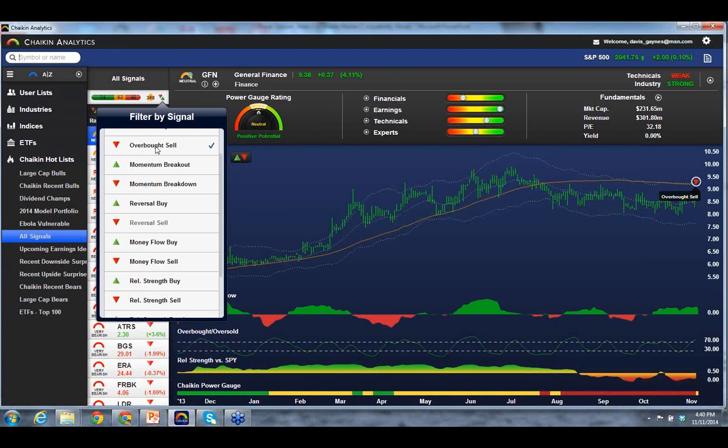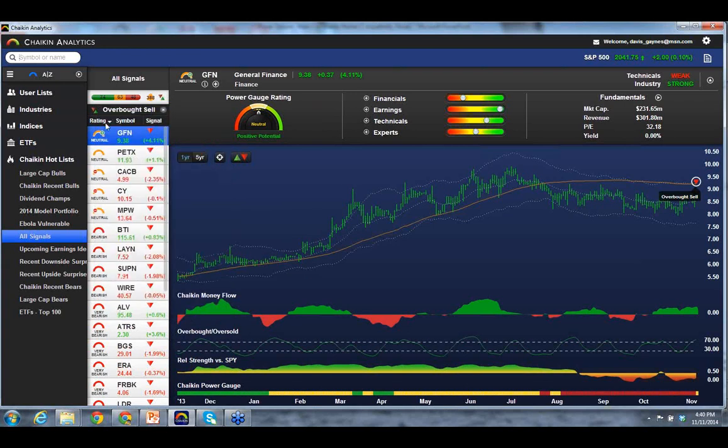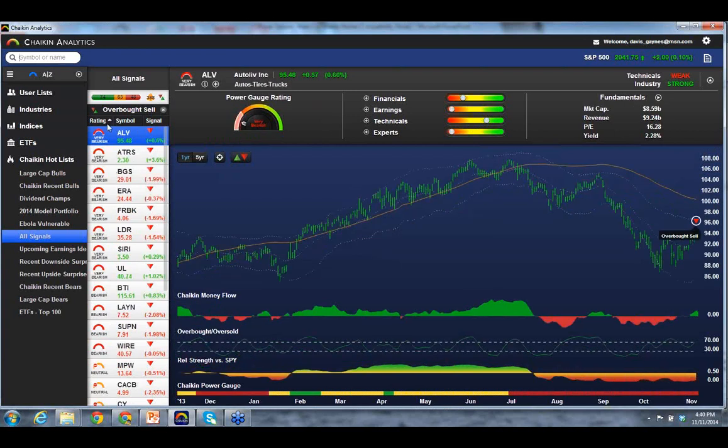So for example, I'm going to click that rating because what I want here are the very bearish stocks. If I click on rating, I can resort my list so the very bearish stocks are on top and the neutral and bullish ones are on the bottom. Let's take a look at ALV. What we think of as a classic bear, this is it. We have a very bearish Power Gauge rating up here.